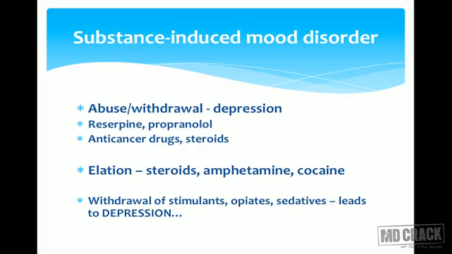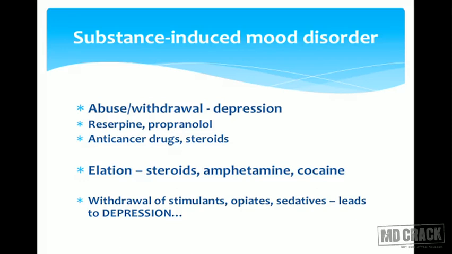In the substance abuse disorders, substance-induced mood disorders, abuse or withdrawal of an agent can lead to depression. For example, the older antihypertensive agent like reserpine, plus a beta blocker like propranolol, plus many anti-cancer drugs and corticosteroids, their abuse and withdrawal can lead to depression.